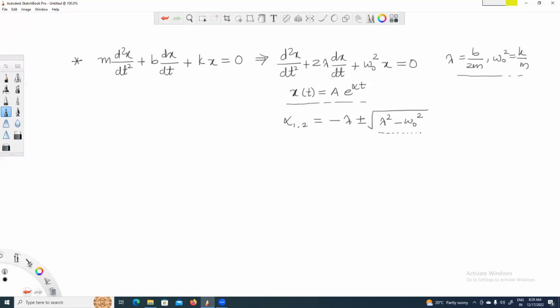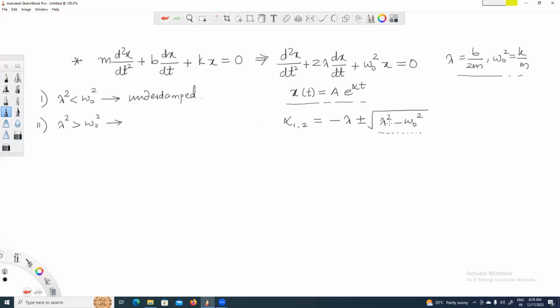So there are two terms: one is exponentially decaying and the other is oscillating. That condition is called underdamped oscillations. So the first one, lambda square less than omega naught square, is underdamped oscillations.